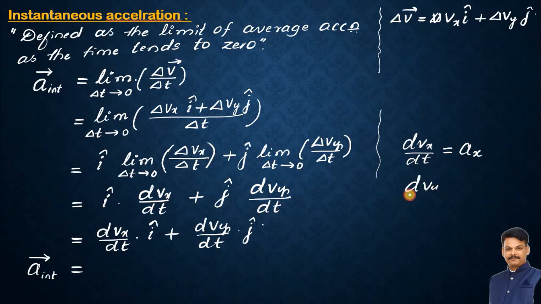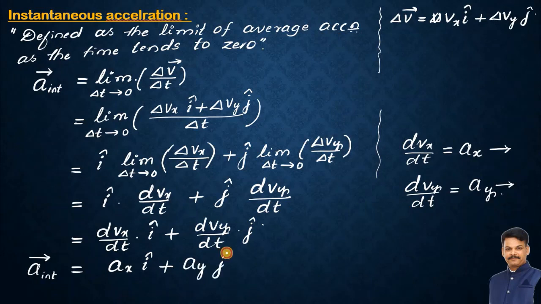Similarly, dvy divided by dt can be written as the acceleration component along the y-axis. It is the instantaneous acceleration along the x-axis and the instantaneous acceleration at a point along the y-axis. Hence, instead of these derivatives, I can write ax into i cap plus ay into j cap.